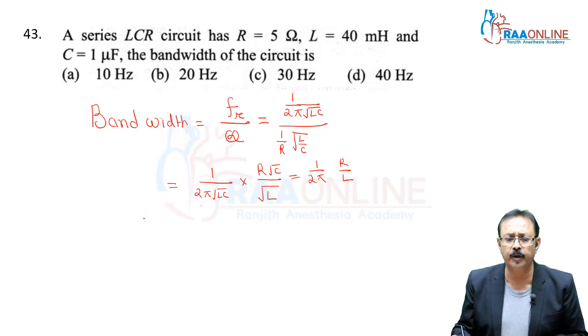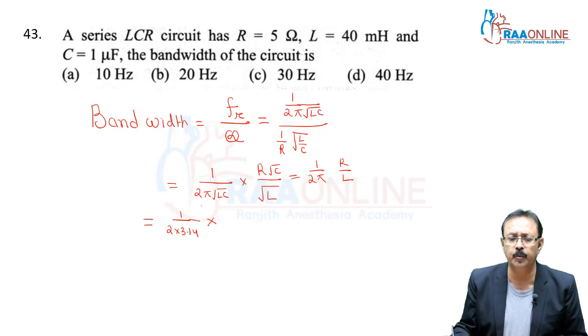So now we are going to put the value of all. 1 upon 2 pi, pi means 3.14, into R, R is 5, L is 40 millihenry, milli means 10 to the power minus 3.